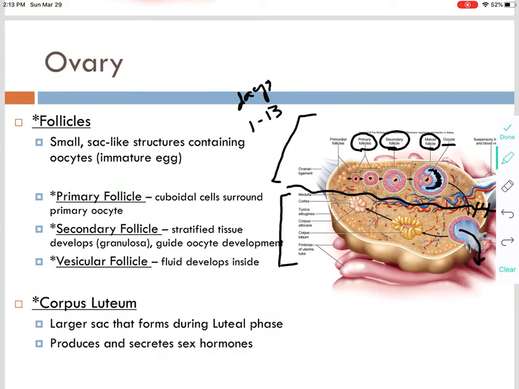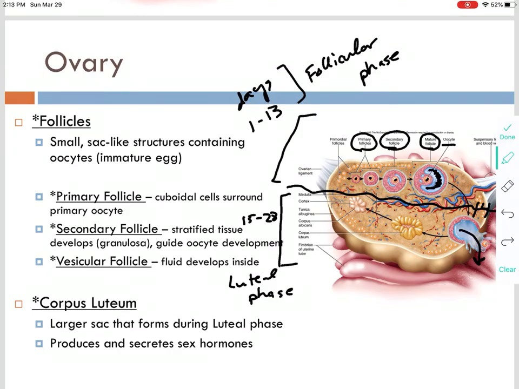Which means that the second half of the month, by the way, the first couple phases here, the first 13 days or so is called the follicular phase. Why is it called the follicular phase? Because the follicles are guiding development of the oocyte. Whereas the remaining days, maybe days 15 through 28 or so, this is called the luteal phase.